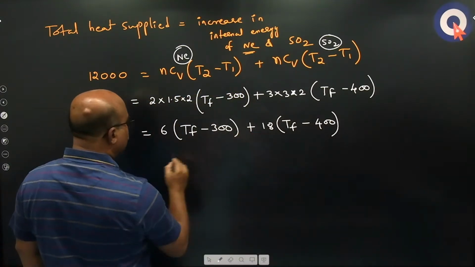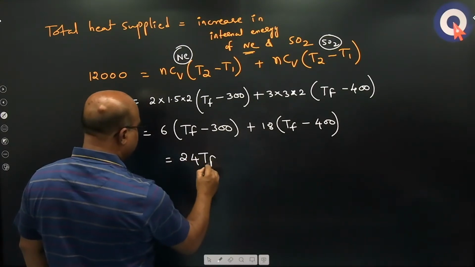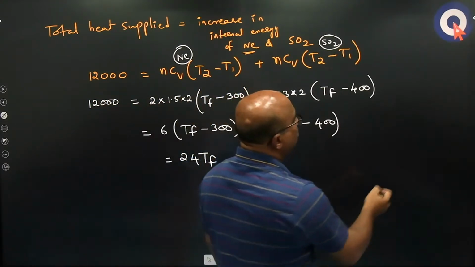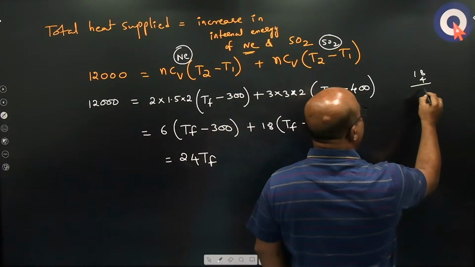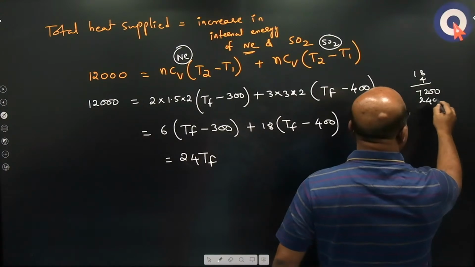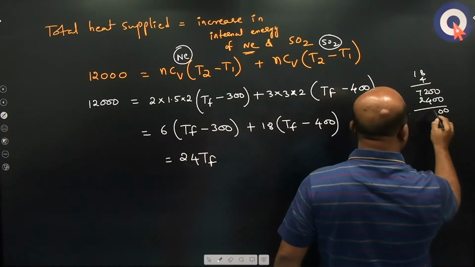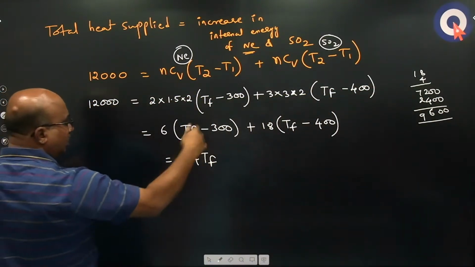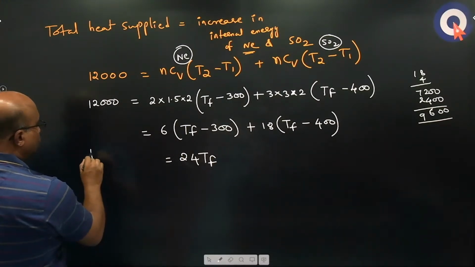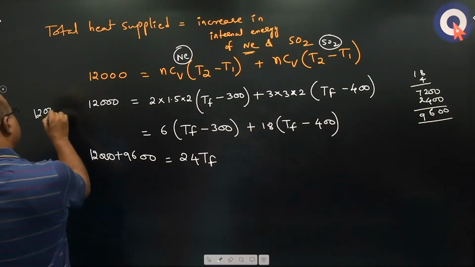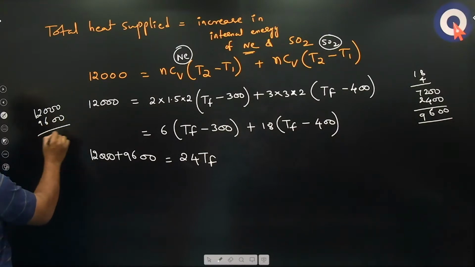So it is 6 plus 18, which is 24 TF. 18 into 4 will be 72. The negative on that side comes here and becomes plus, so it is 12,000 plus 9,600, which is 21,600 (6, 1, 2 on the other side).